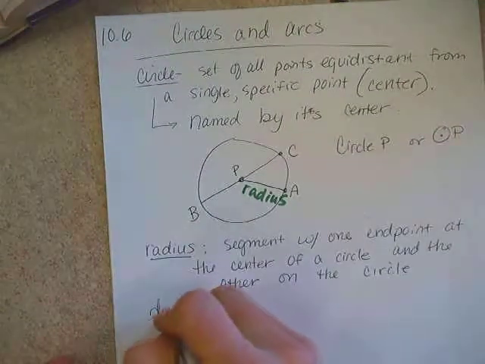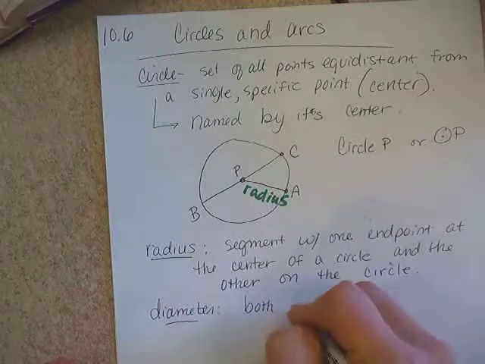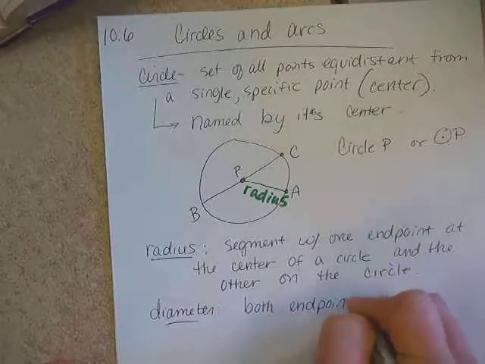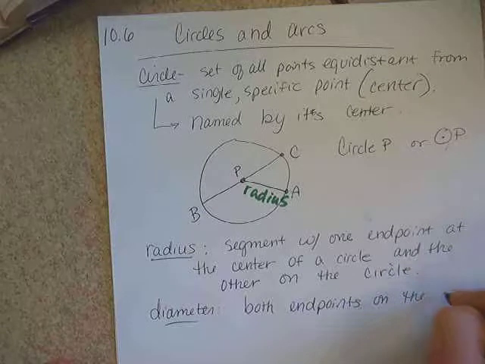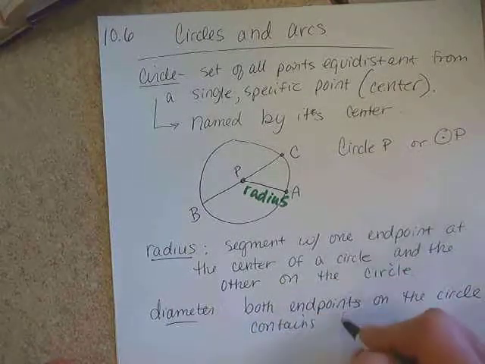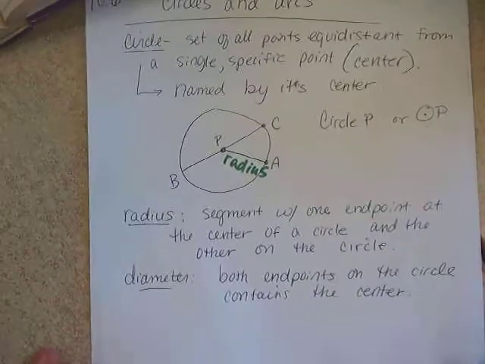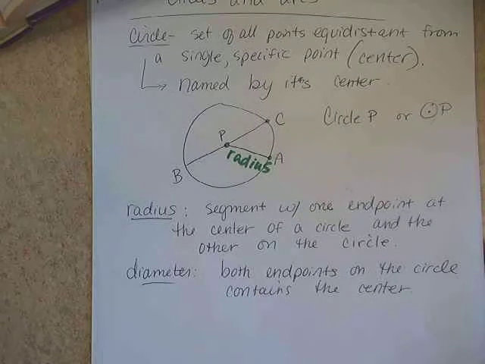Diameter. Both endpoints on the circle, and it contains the center. The reason that is important is because we will have other segments with endpoints on the circle that don't go through the center.